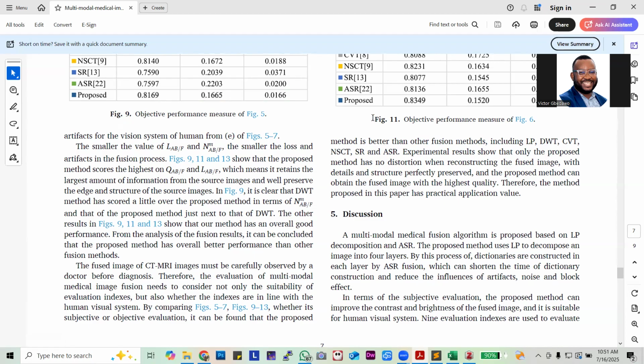So you see that by going through this article, we are able to tell whether the paper was good or not good.